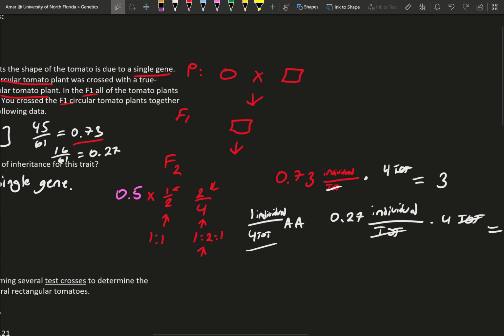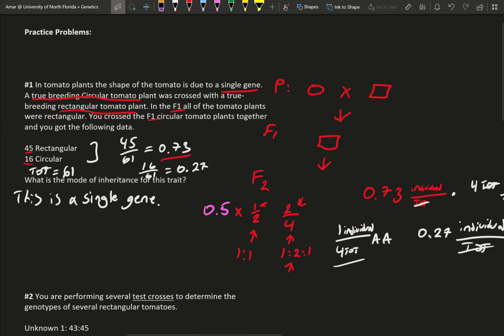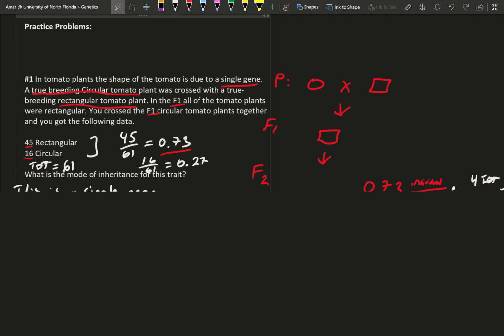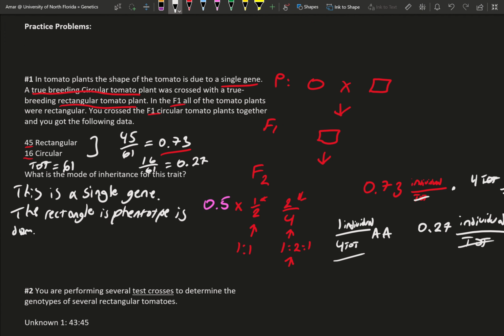And so basically what this means is that the rectangular phenotype is dominant over the circular phenotype.